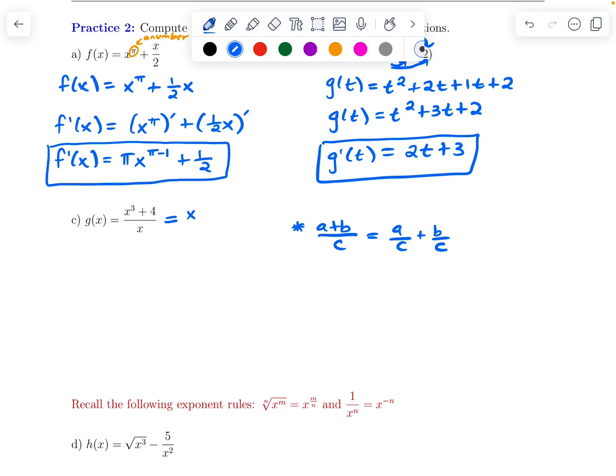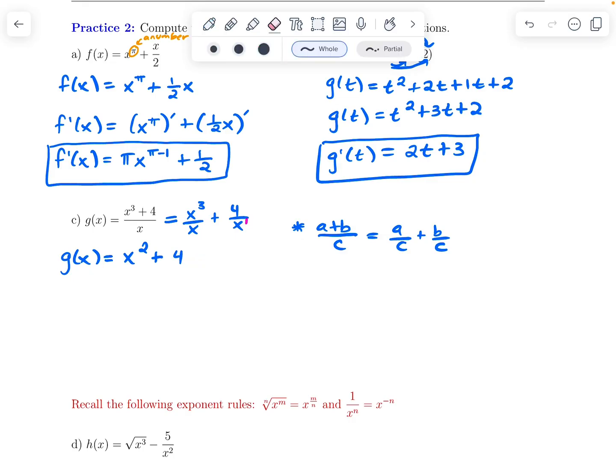So how I'm going to break up this fraction is x cubed over x plus 4 over x, right? And if I simplify this, I get x squared plus, now how I can rewrite this is as 4x to the negative 1. So I need to rewrite that 4 times 1 over x, right, as 4x to the negative 1.